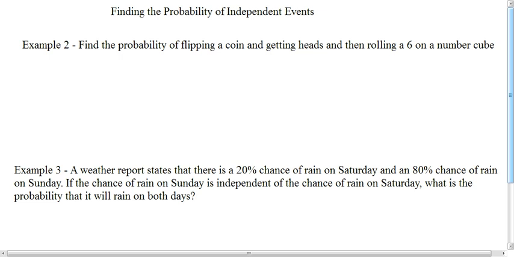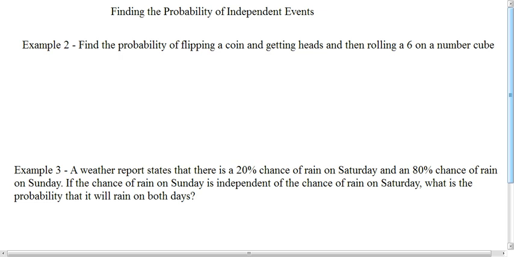Alright, so we should be done writing and working the problem, so let's go ahead and check and see how well you've done. Example 2 says we want to find the probability of flipping a coin and getting heads and then rolling a 6 on a number cube. Now, one thing we have to understand is that these are independent of each other, because a coin has nothing to do with what you're going to roll on a die.